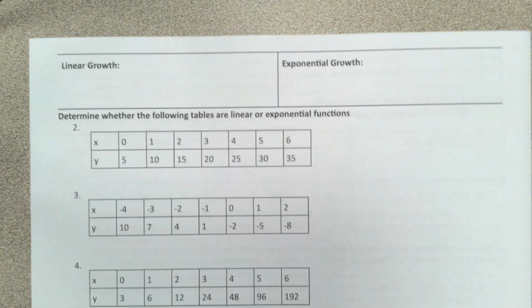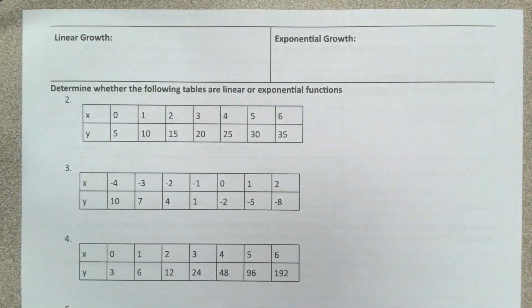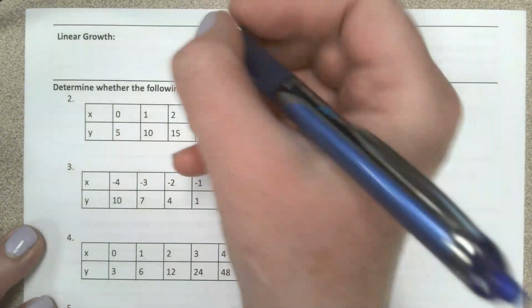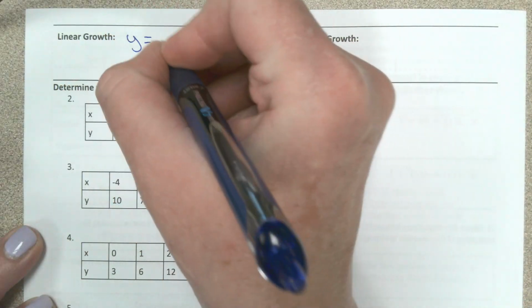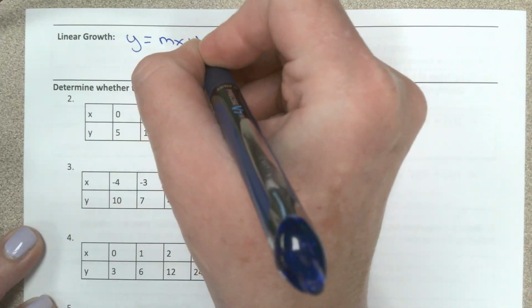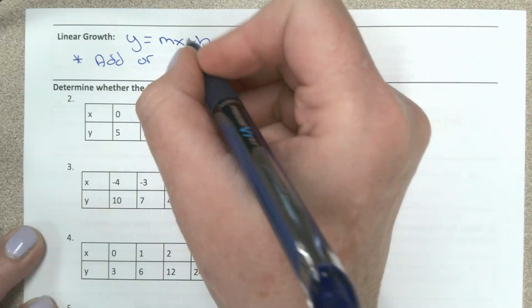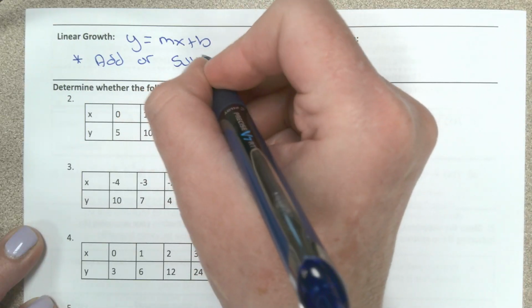All right, so we're going to read some word problems and compare some tables of values, and I'm just going to jot down. So linear growth is y equals mx plus b, and it is going to grow by adding, or it's going to decline by subtracting.